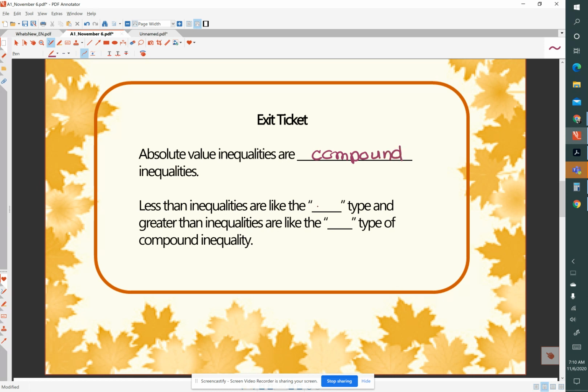Less than inequalities are like the and type, and greater than inequalities are like the or type of compound inequalities. I don't expect you to get it the first time, but I do expect you to practice, and I know you will. So you do have a little bit of homework tonight. Make sure you watch the video several times, follow the rules, do your best work.